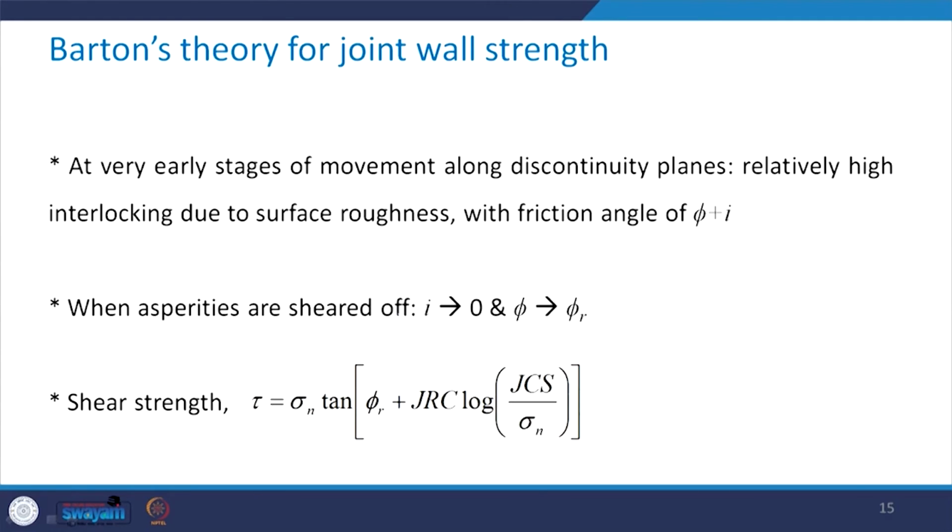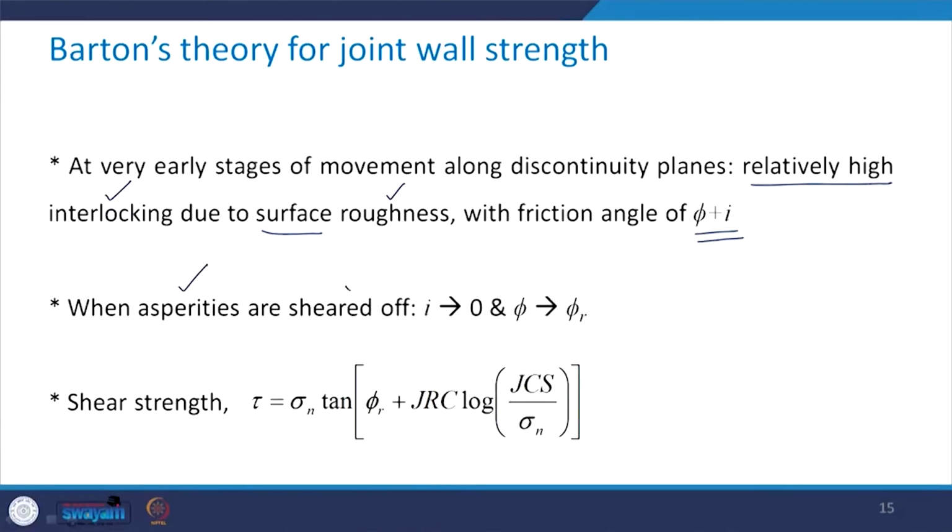Now, at very early stages of movement along the discontinuity planes, there is relatively high interlocking due to surface roughness. So, it will have a friction angle of phi plus I. We have discussed this in detail: when the joint surface has teeth, and when you have a large value of the normal stress, towards the end of the test, these asperities are sheared off.